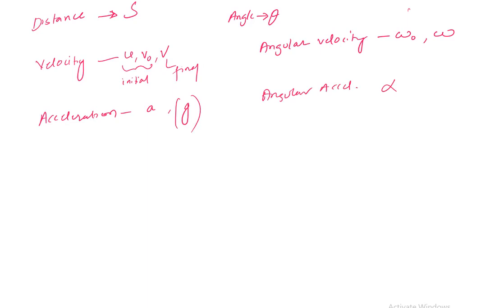So if you take any formula on this side, we can just substitute these and get the formula for the angular side. Like if we have s equals ut plus half at square, here we'll say theta equals omega naught t plus half alpha t squared.